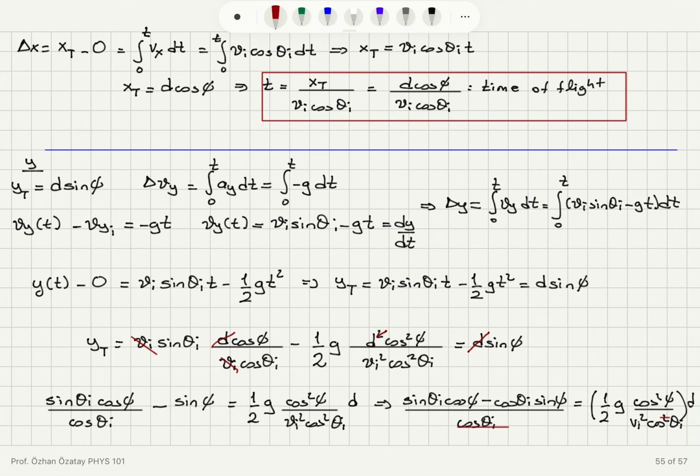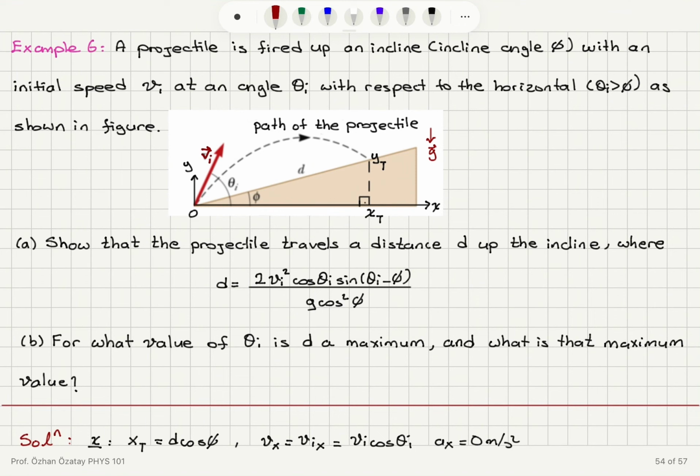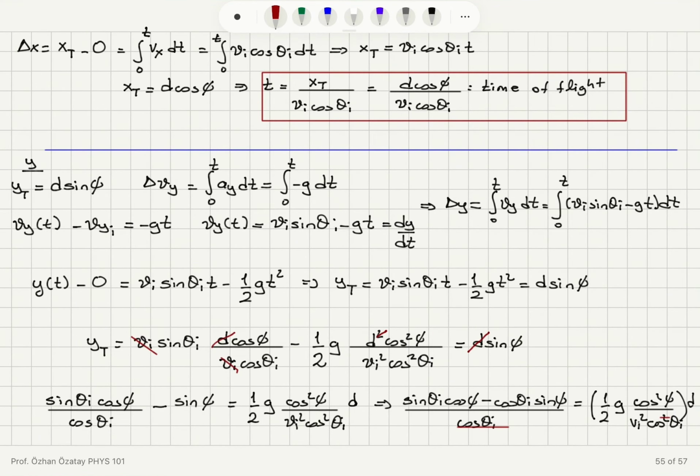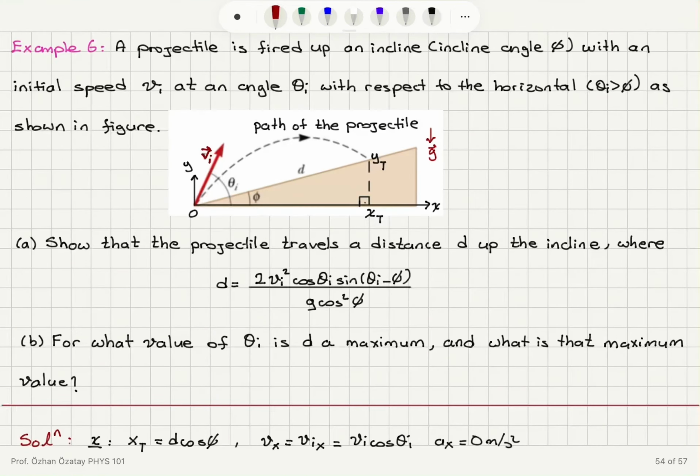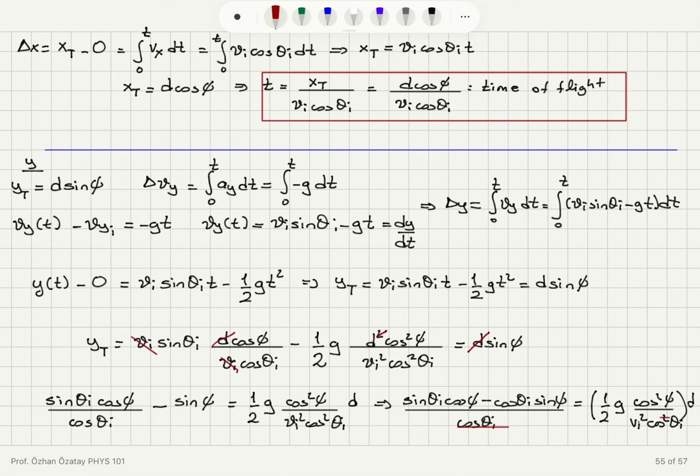And we have found the time of flight from the analysis of the x component in terms of d cosine phi divided by vi cosine theta I, and we analyzed the y component of the motion, noting that y at time t is d sine phi from the geometry.